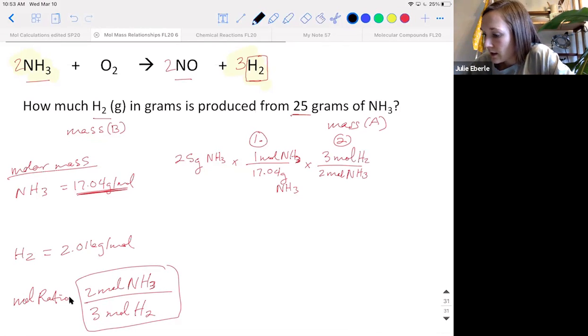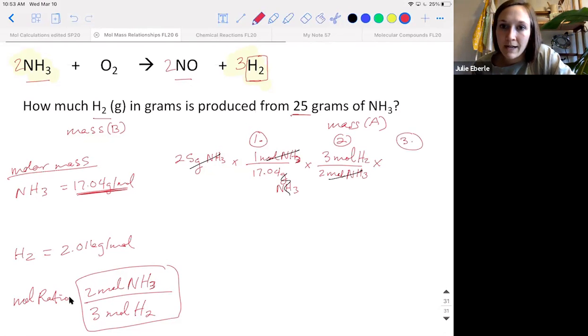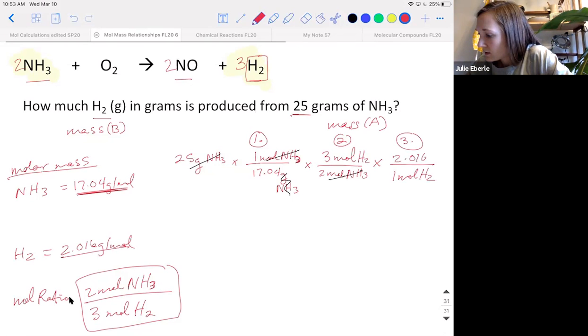And so far, I see that grams of NH3 cancel and moles of NH3 cancel. Last step, step number 3 is always the other molar mass. So the one we haven't used yet is the one for hydrogen. I want to cancel moles of hydrogen. I want to convert to grams of hydrogen. So for every 1 mole of hydrogen, it is 2.016 grams of hydrogen.